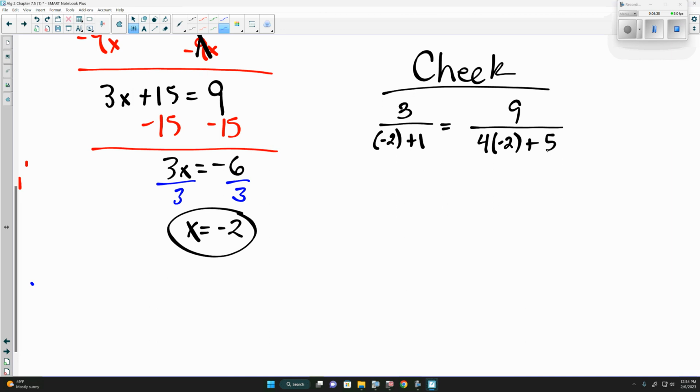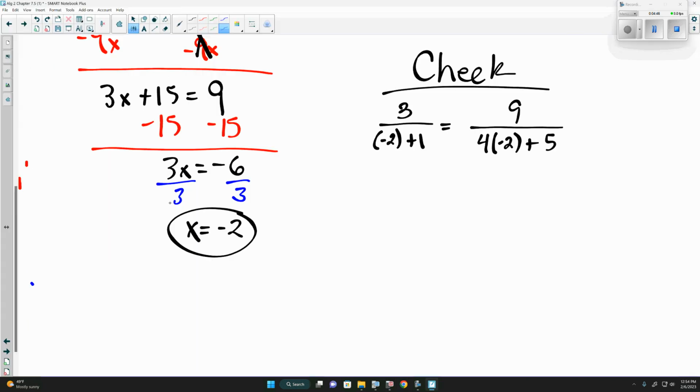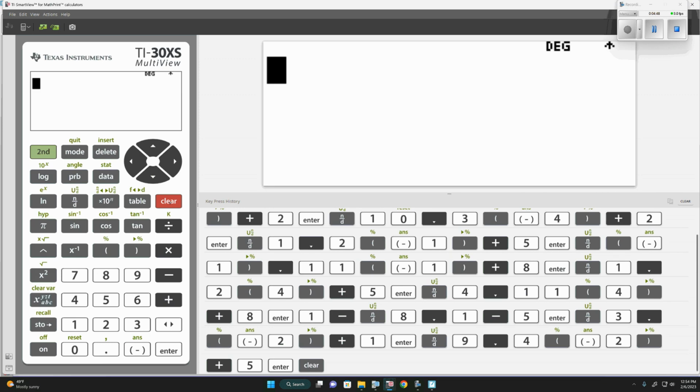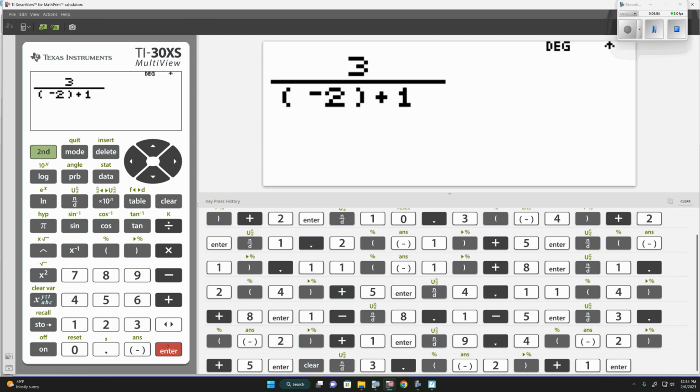Because if they are, then that is the correct answer. We can do them by hand or we can do them in the calculator. Either way works. For our first one, we have 3 over negative 2 plus 1, which is negative 3.